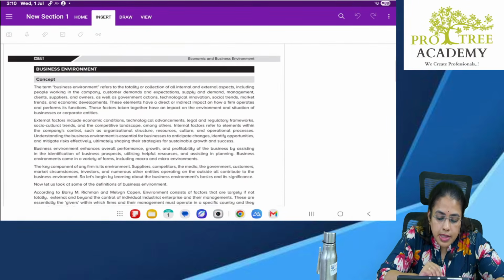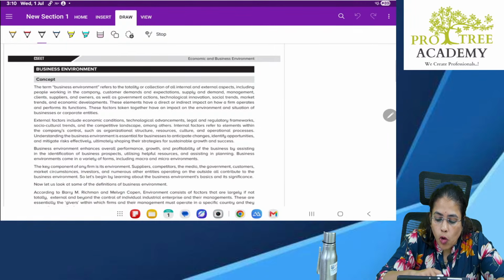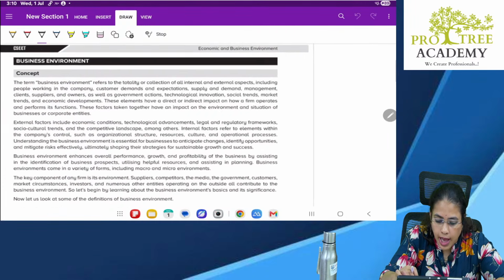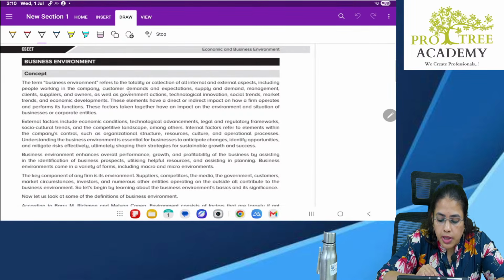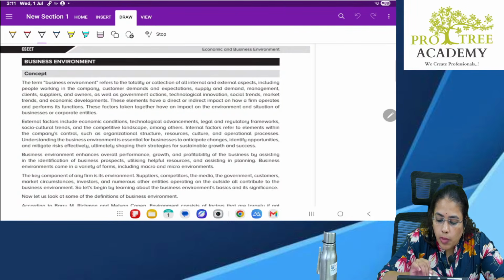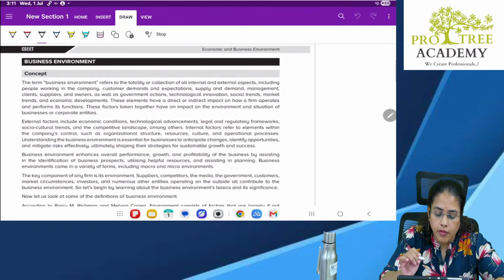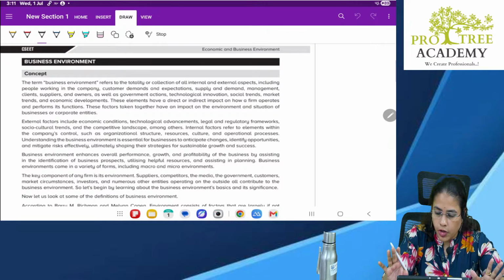The term business environment refers to the totality and collection of all internal and external aspects, including people working in the company, customer demands and expectations, supply and demand, management, clients, suppliers and owners, as well as government action, technology, social trends, market trends, economic development. All these things are coming in the business environment. Okay.